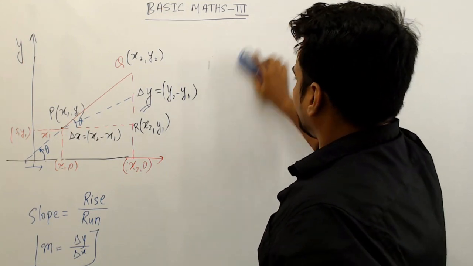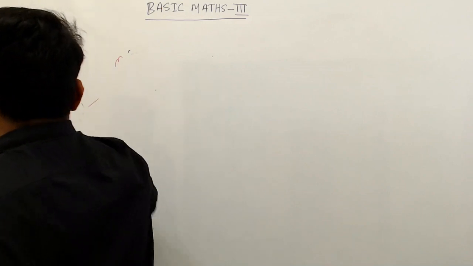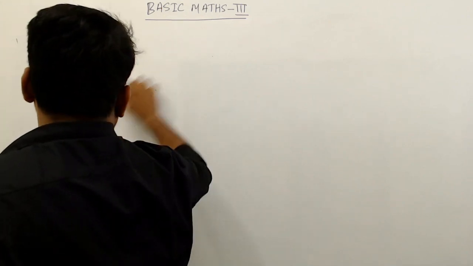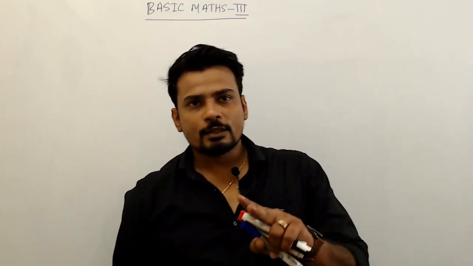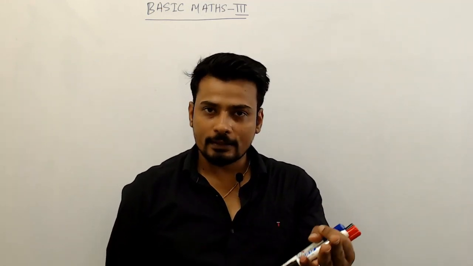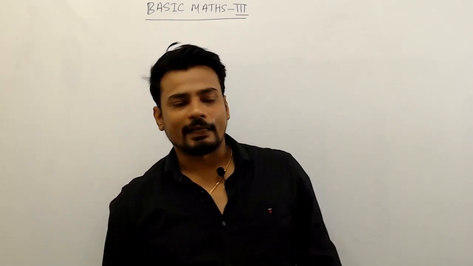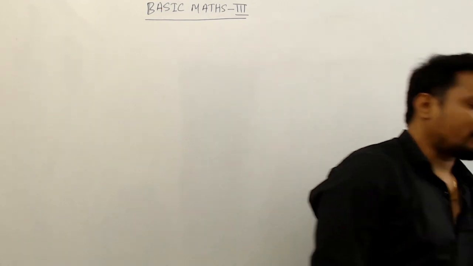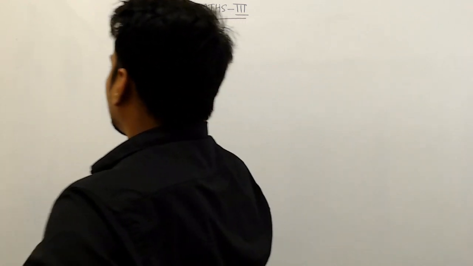I'm sure you must have noted down these two ways of finding a slope. One, when the coordinates of two points on the line are known. And the second, when we have the angle of inclination. If that is known to you, you can also find the slope. As simple as that. Now let us talk about the line.